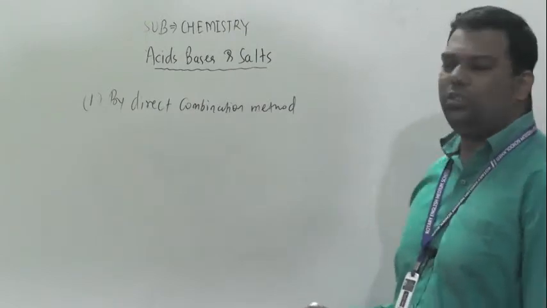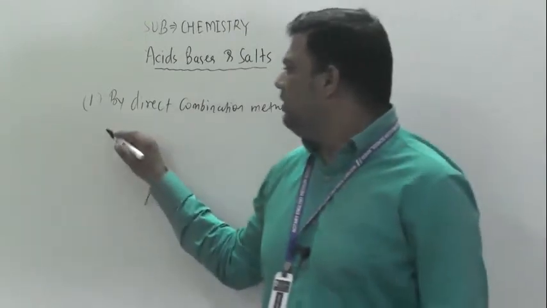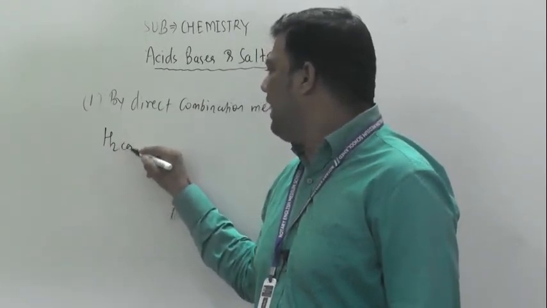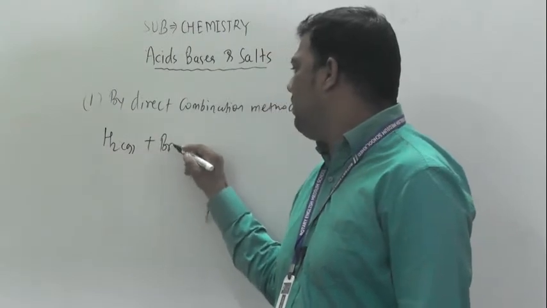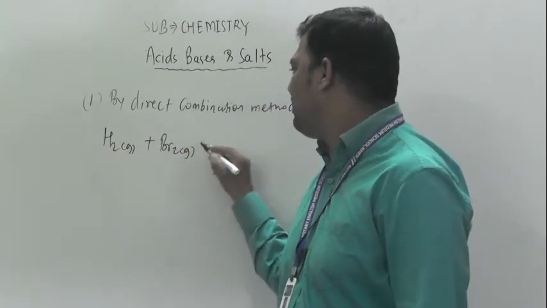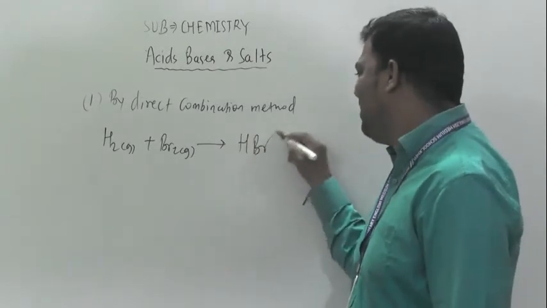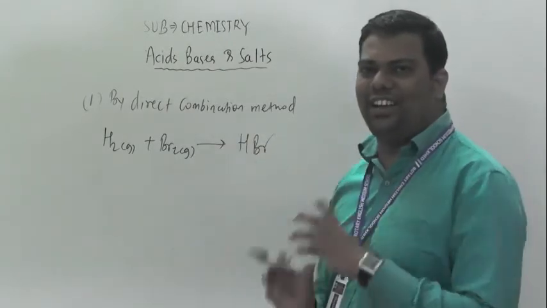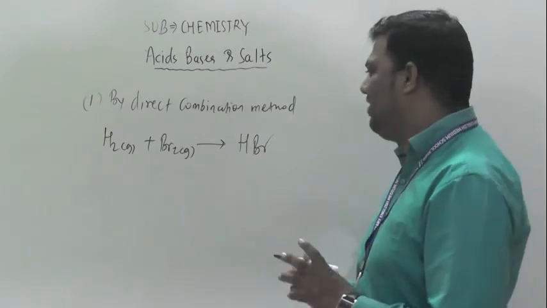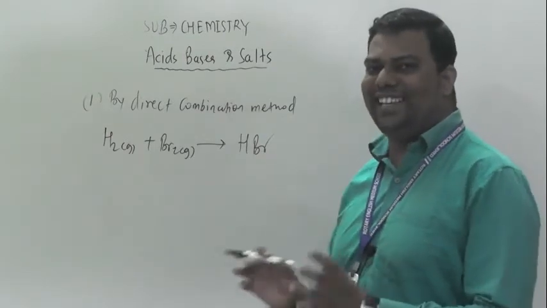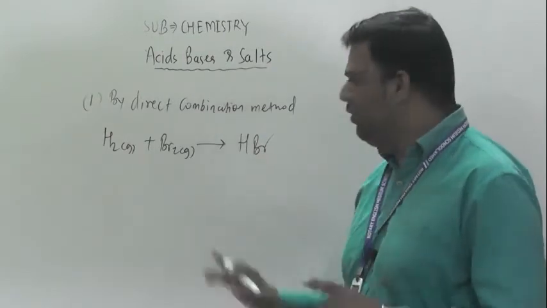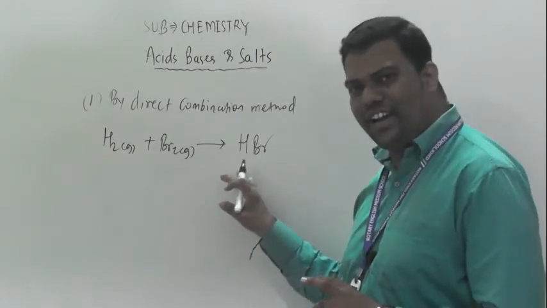So see here what will happen. Generally, H2 gaseous plus Br2 gaseous gives you acid HBr only. This method, direct combination, is basically for binary acids. Binary means two elements.